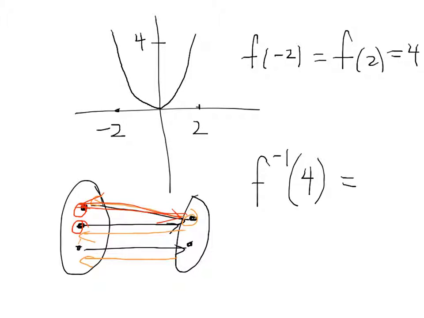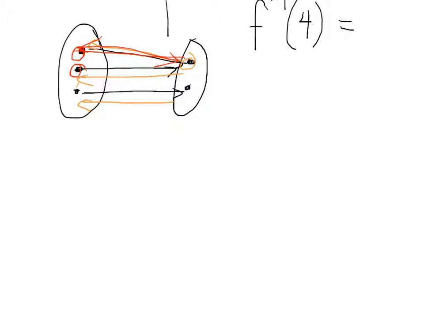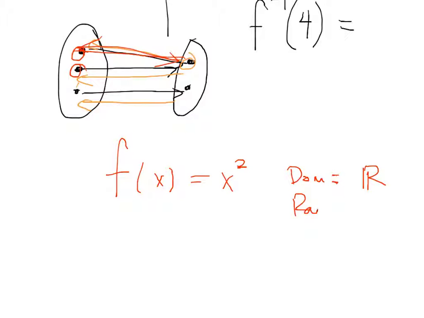How do you fix it for square root of x squared? If f of x is x squared, then the domain is everything, and the range is 0 to infinity. Which means that for the inverse, f inverse will have domain and range switched.